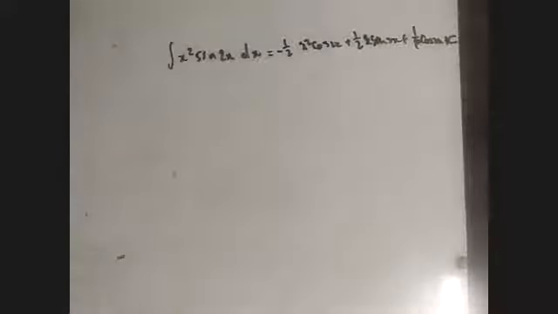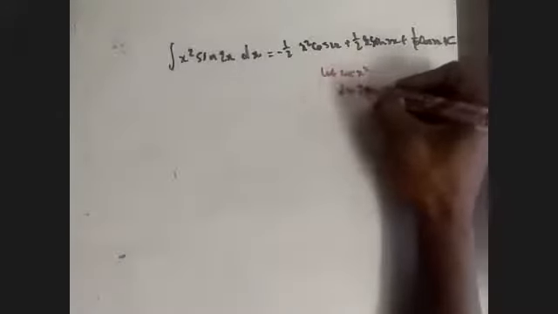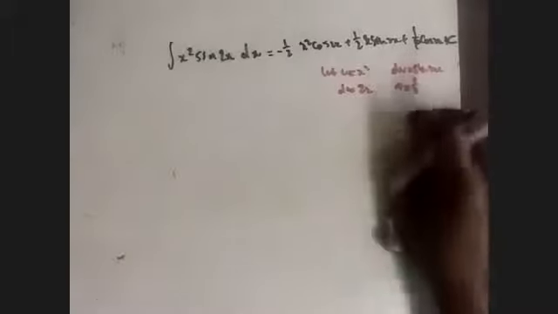Okay, so we have, let our u be equal to x squared, and then our du equals 2x. Then we let our dv be equal to sine 2x dx. Then v becomes negative 1/2 cos 2x.